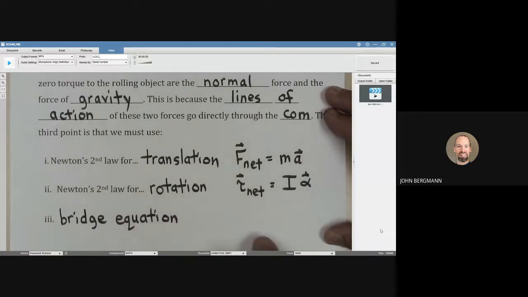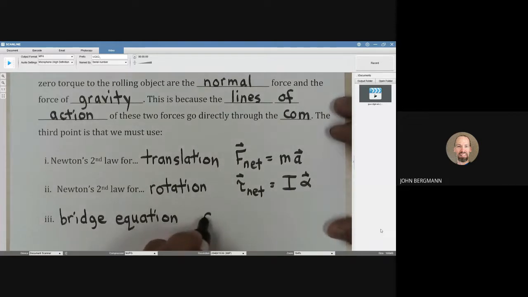Now, what's the bridge equation that connects these two equations that I've already written? It is that the linear acceleration is equal to r times the angular acceleration.